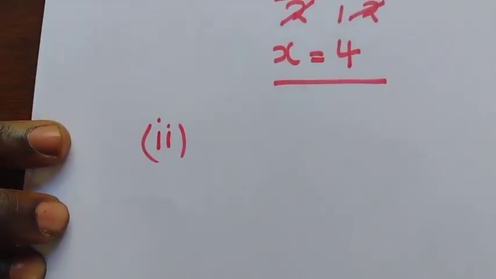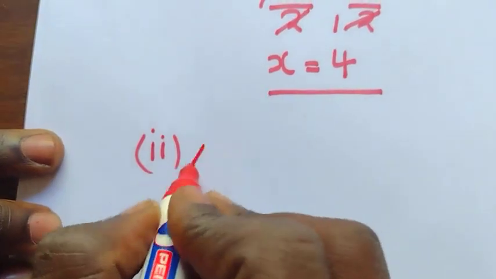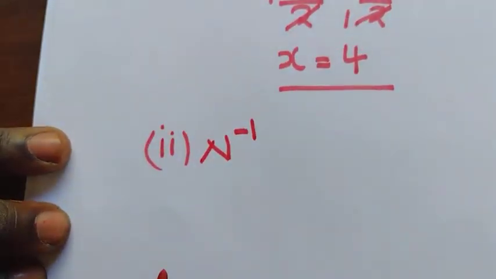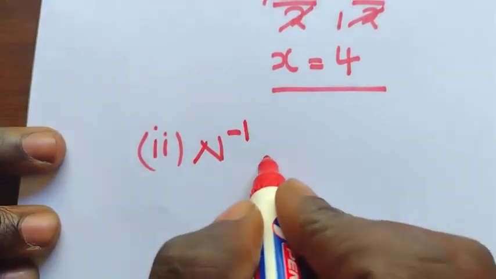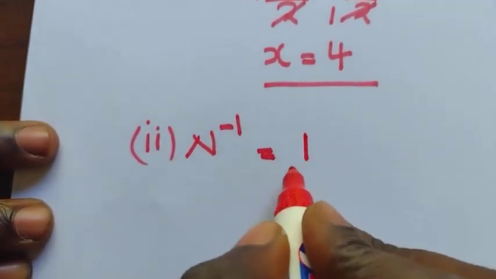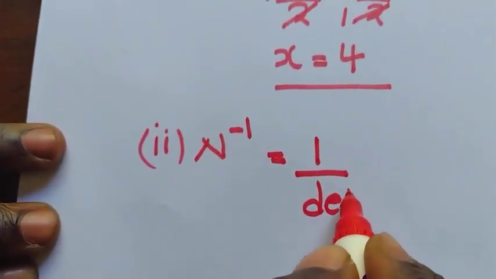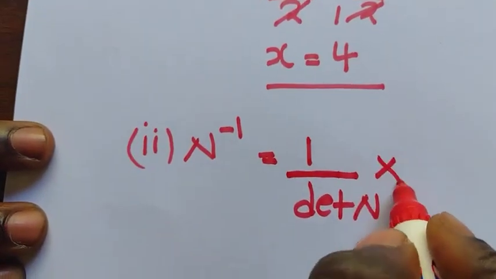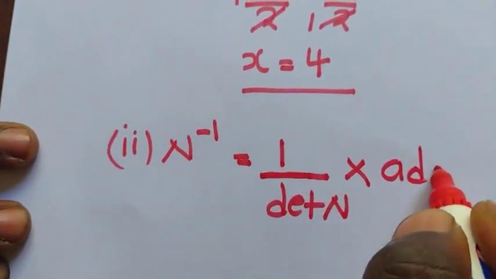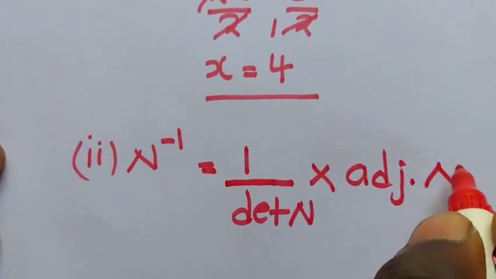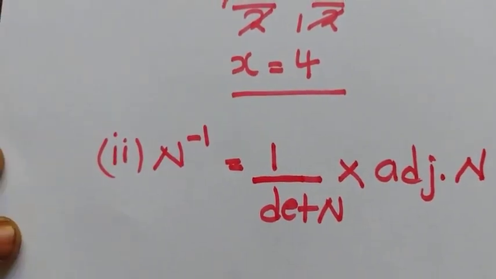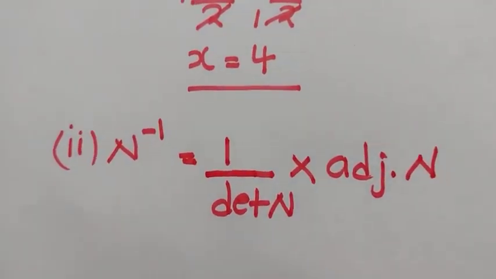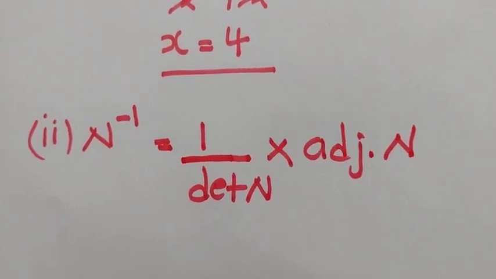So N inverse equals 1 over the determinant of matrix N, times the adjoint of matrix N. I do hope that you know this formula.